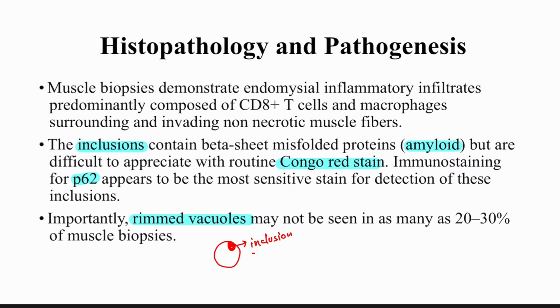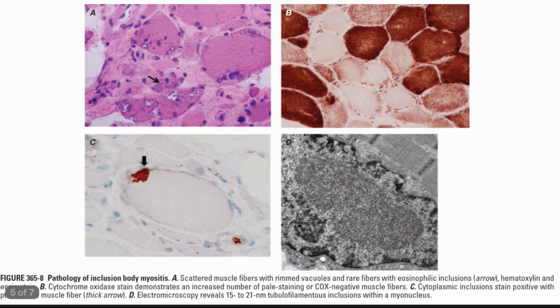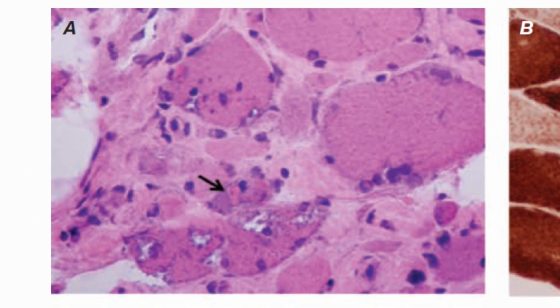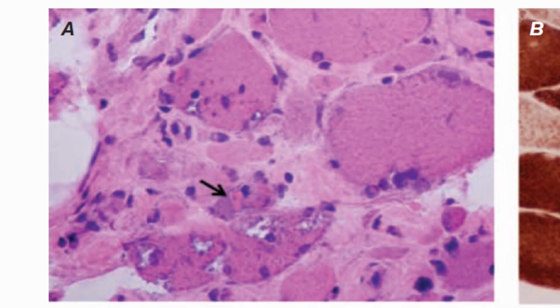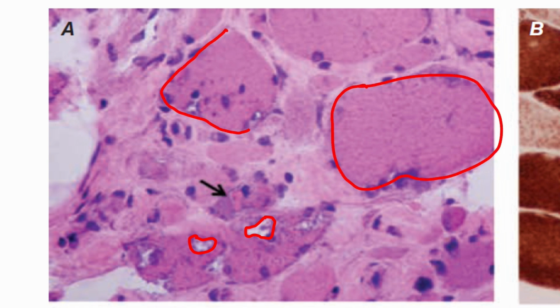Such is the pathology image in inclusion body myositis. This is the image from Harrison's. These are the rimmed vacuoles. These are the muscles, individual muscle fibers.